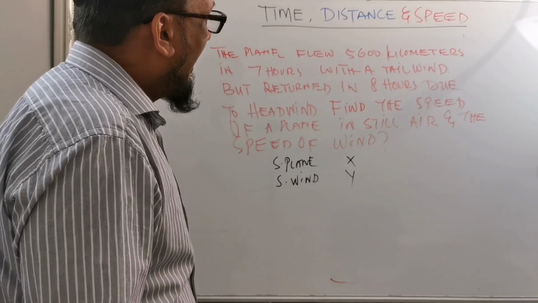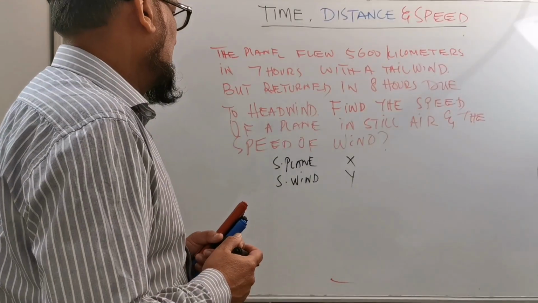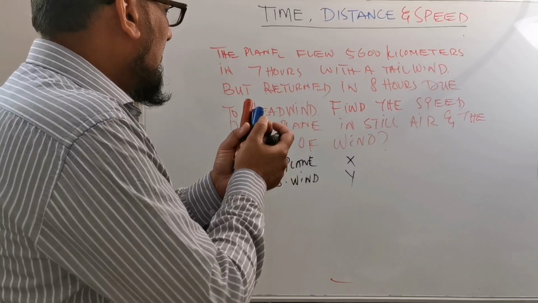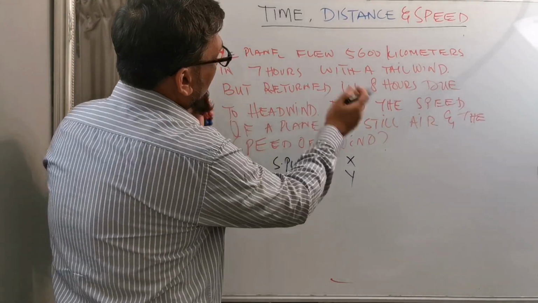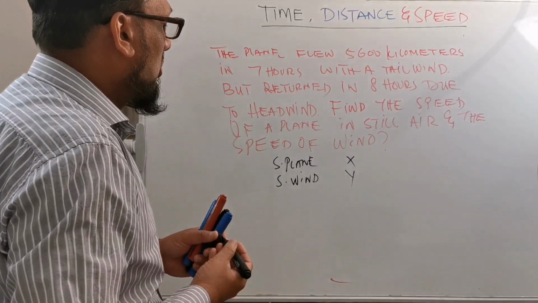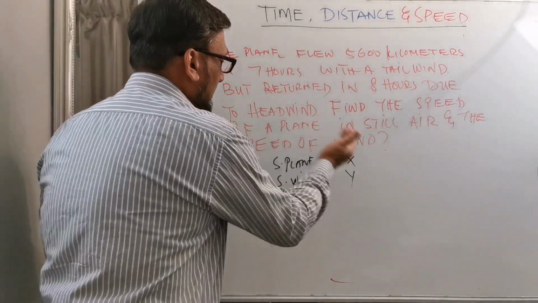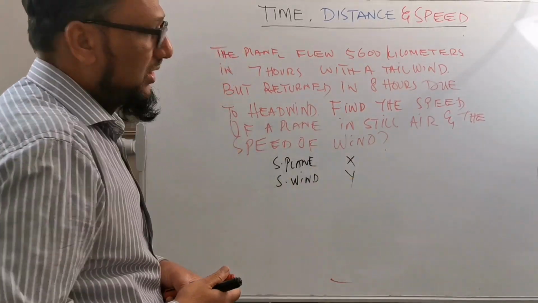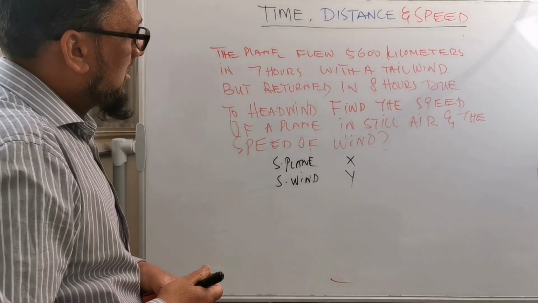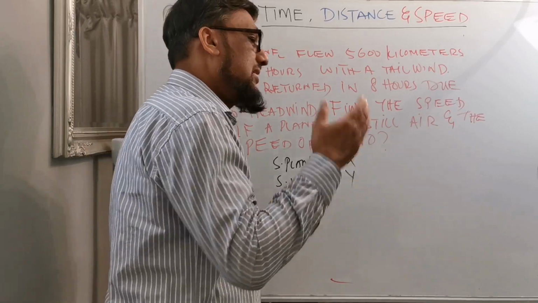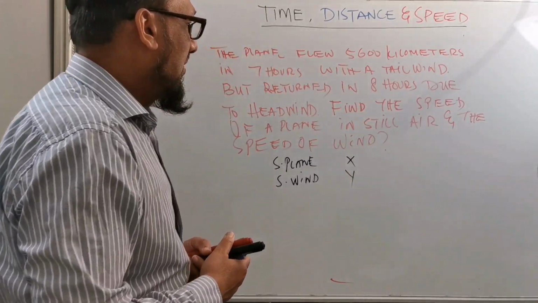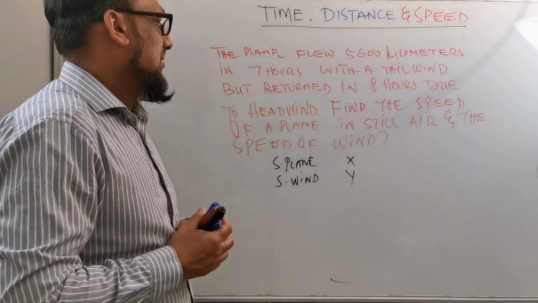As in my last video, we know that if the examiner is asking about two variables, two unknowns, how can we work it out? It can be worked out with simultaneous equations.